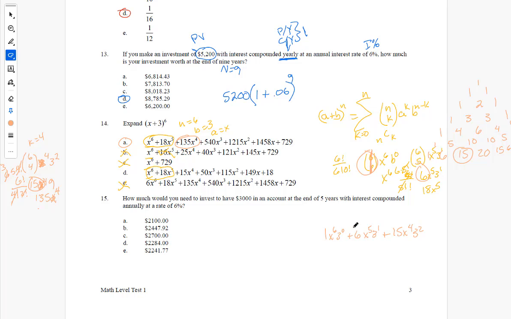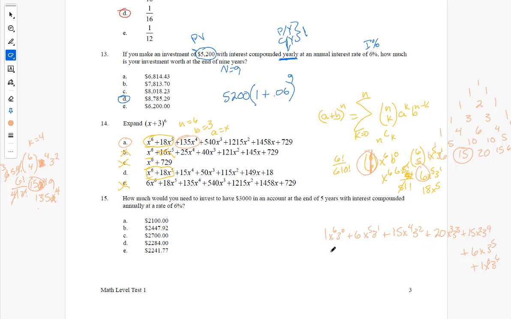See how these x's just go down one, and the b, if it was a b, it would just be b to this power, but this happens to be a 3. Plus 20, x to the 3rd, 3 to the 3rd, plus 15, x squared, 3 to the 4th, plus 6x, 3 to the 5th, plus 1, x to the 0, 3 to the 6th.